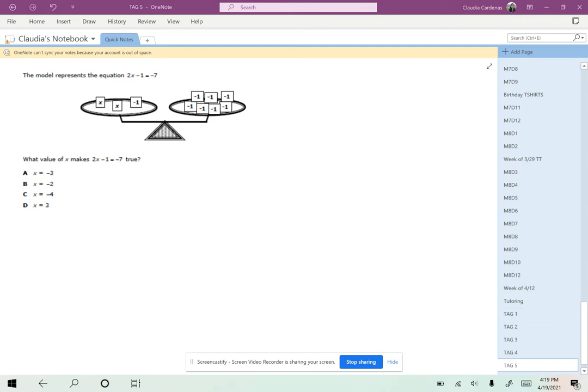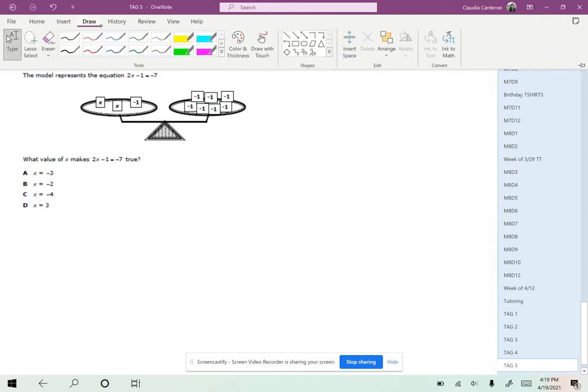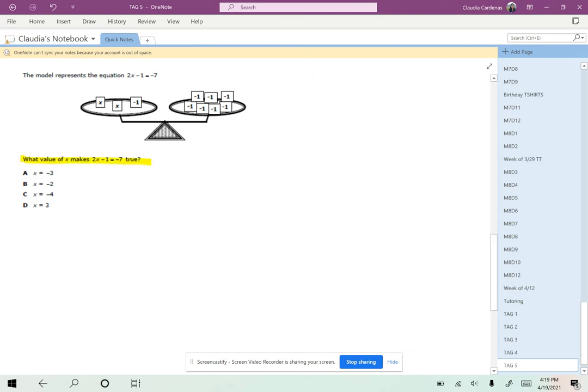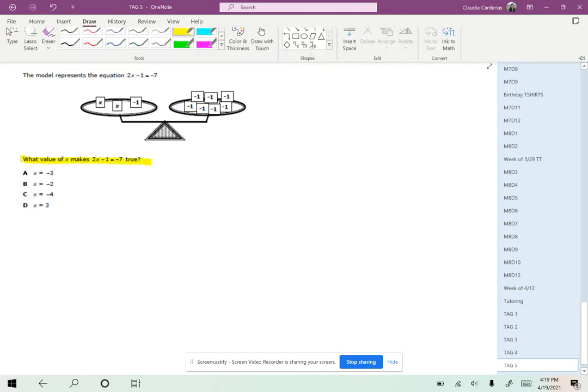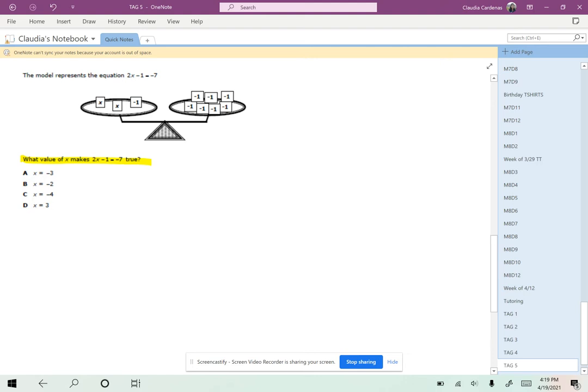We have the model that represents the equation 2x minus 1 equals negative 7. Thinking about the balancing scale, the left side has to equal the right side. We want to know what value of x makes 2x minus 1 equals negative 7 true. In other words, what does x represent in order for this to be balanced?